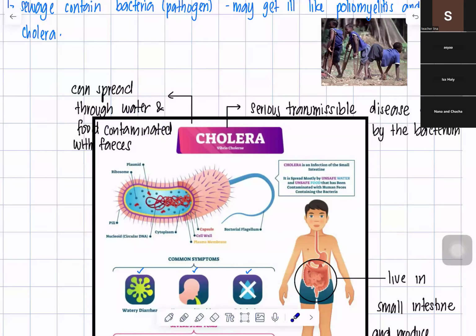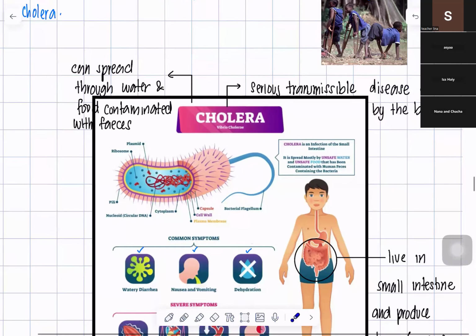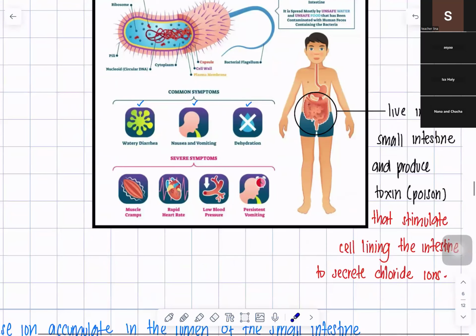Cholera is a serious transmissible disease caused by the bacterium. It lives in the small intestine and produces toxin.